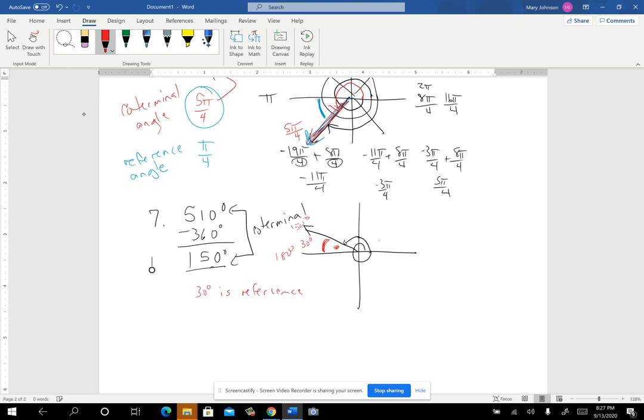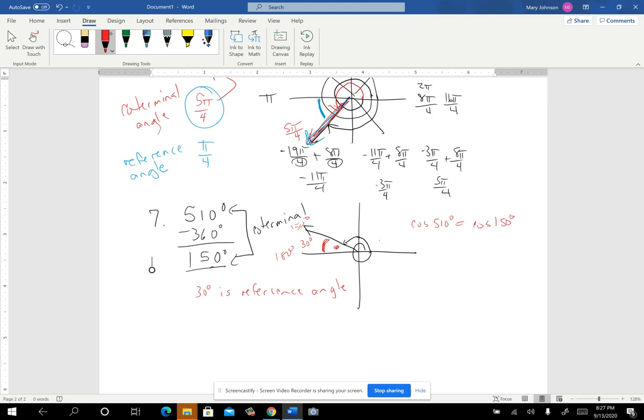The idea I really hope you get is that if you do, say, the sine of, let me do cosine because it'll be more interesting, the cosine of 510, that's going to equal the cosine of 150 exactly. Same everything.